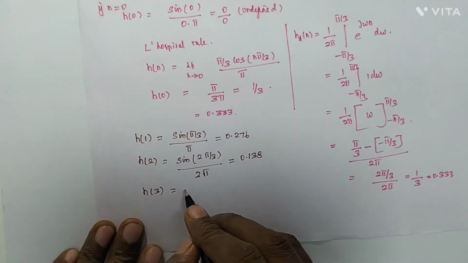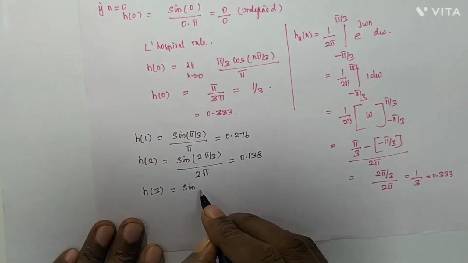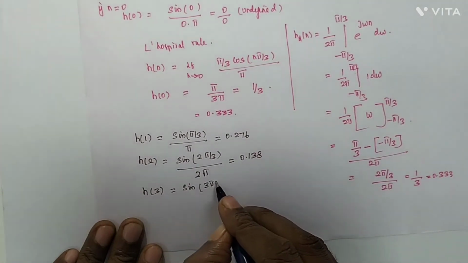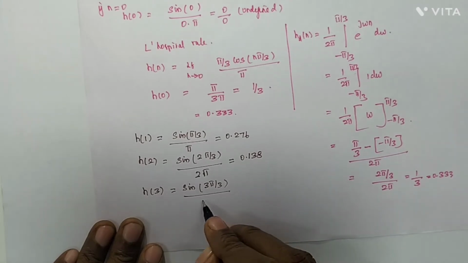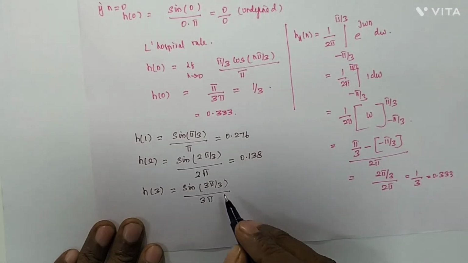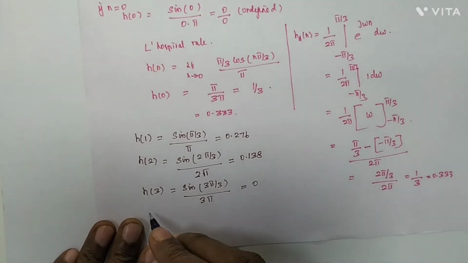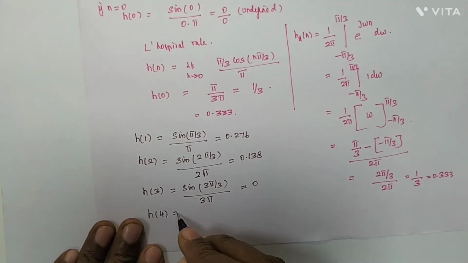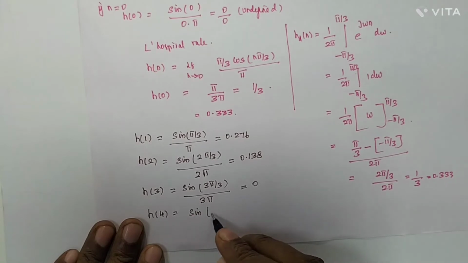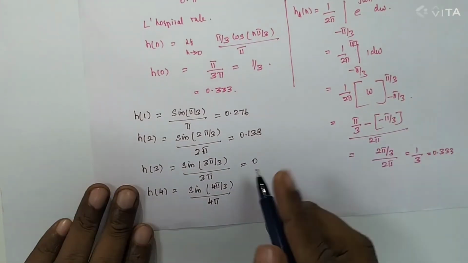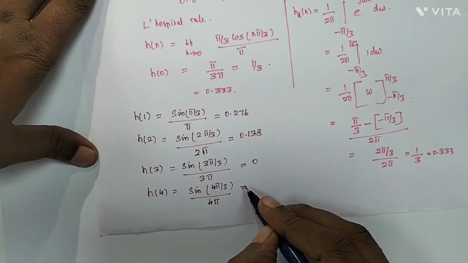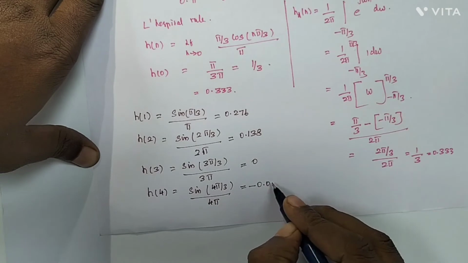is equal to sin 3 pi by 3 divided by 3 into pi. The 3 gets cancelled, sin pi is equal to 0. And h of 4 is equal to sin 4 pi by 3 divided by 4 pi, which is equal to minus 0.069.